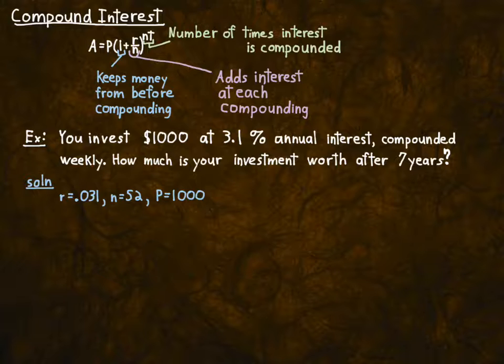That's important so that you can check that you plug things in the right place. Then write out what all the values are for everything. This is especially important with these problems so that you don't accidentally put 3.1 in for R. Remember, 3.1% means 3.1 divided by 100, which is, you move the decimal 2 places to the left when you divide by 100, right? So it's 0.031 is R.